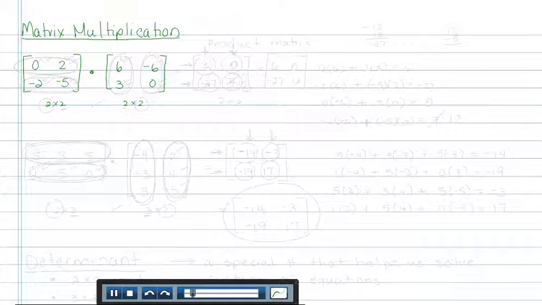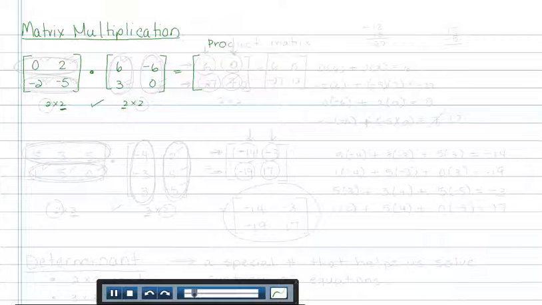So the first thing you need to do is check whether you can multiply these. You look at these numbers, because this tells you the number of columns that the first matrix has, and this one tells you the number of rows. Because they are the same, yes, you can multiply them. What is your product matrix going to look like?